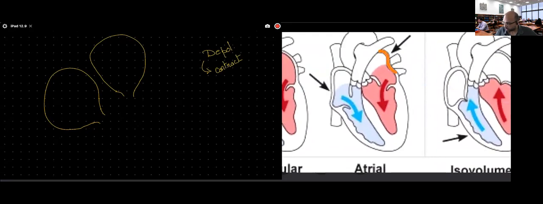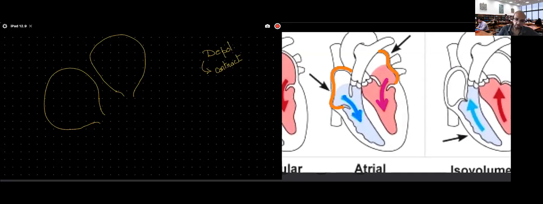So the atria here will start to contract, and this will allow me to squeeze the blood to move down from the atria to the ventricles, as is shown on this diagram.